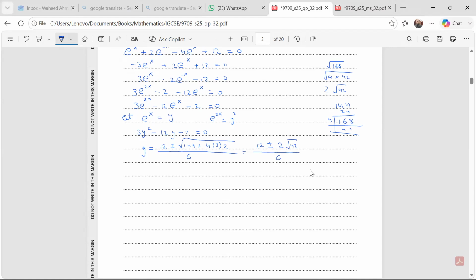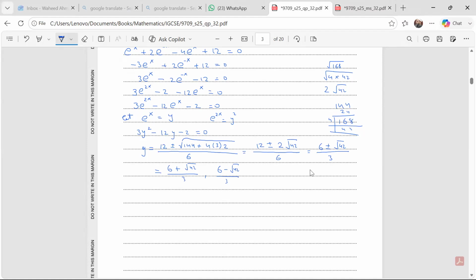Now if I divide everything by 2, top and bottom, it will be 6 plus or minus root 42 over 3. So I have two answers, (6 plus root 42) over 3 and (6 minus root 42) over 3.